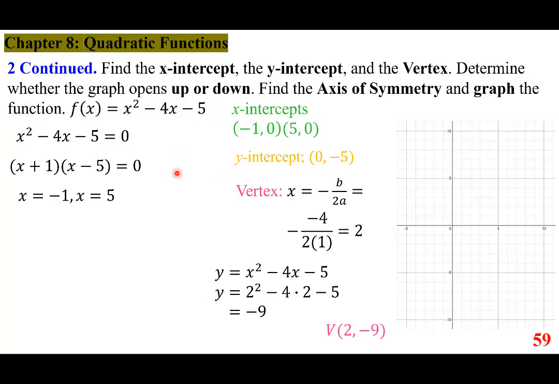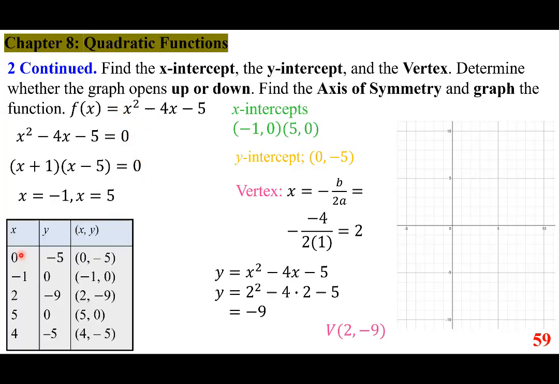So we found all the intercepts. We found the vertex. And we know a = 1, therefore we know it opens up. Let's summarize the information we got in this table. This last pair, I'm going to explain in a moment.